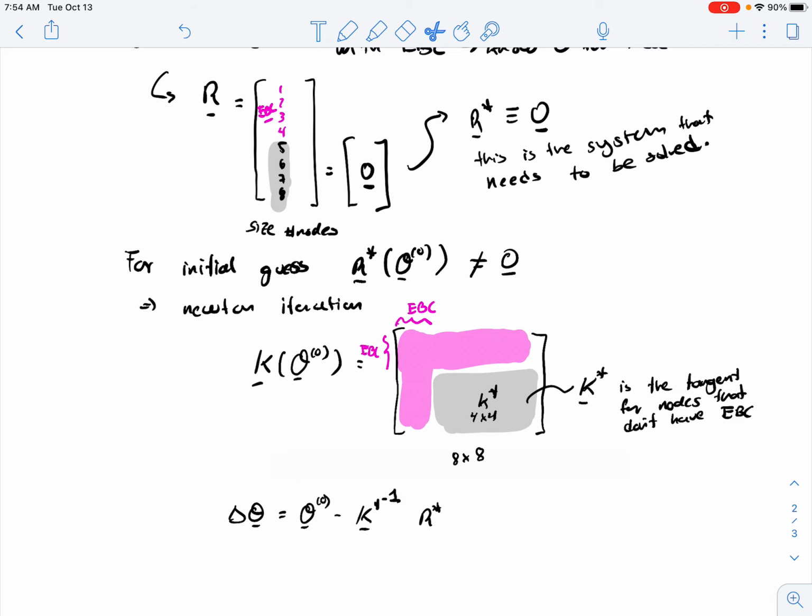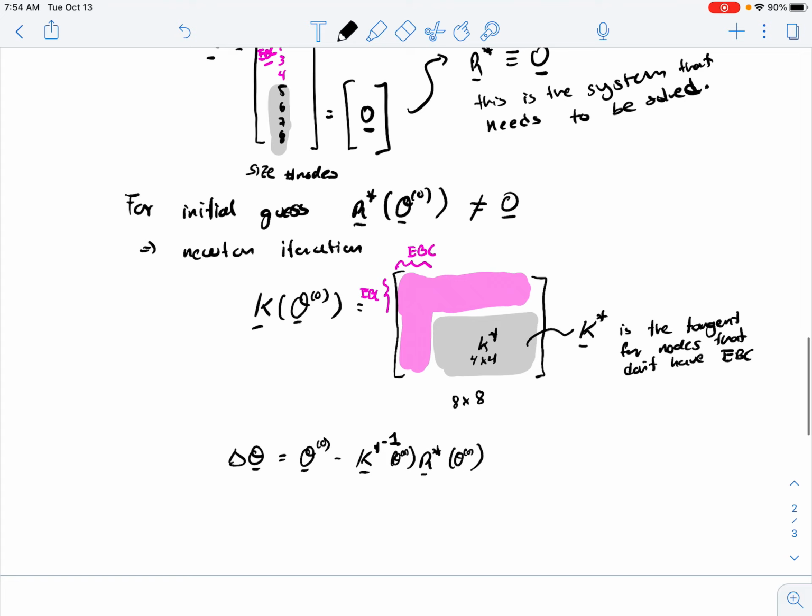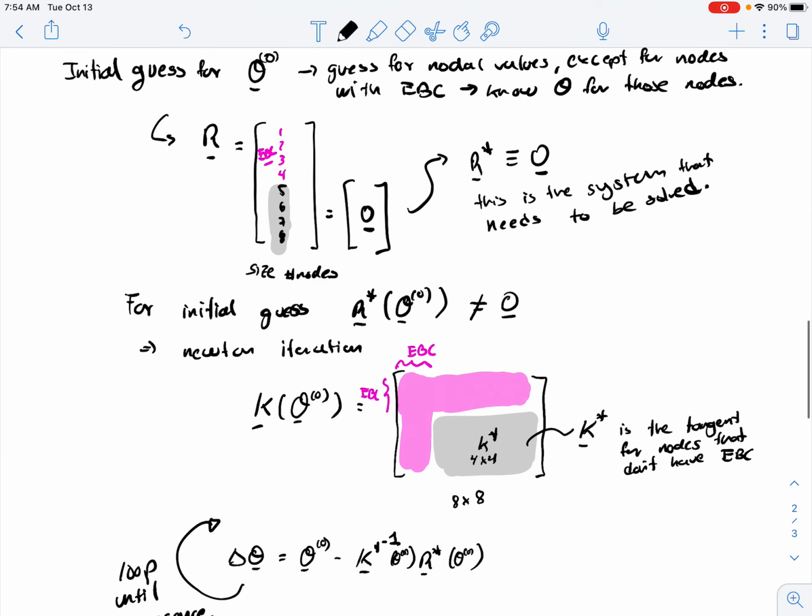So K star is evaluated for that particular guess, and R star is evaluated for that particular guess as well. And then just continue doing that, so this just loops until convergence. So that's one way in which we're going to solve the system.